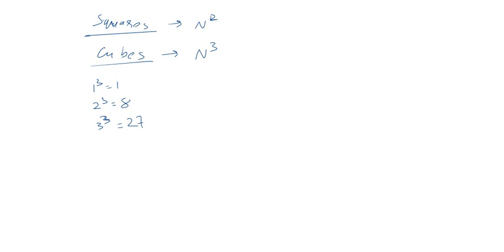Okay, how do you write square roots? Square root is like this. The square root of any number can be calculated. If it is a perfect square number, it will come out as a natural number. But if it is a non-perfect square, it will come out as an irrational number.